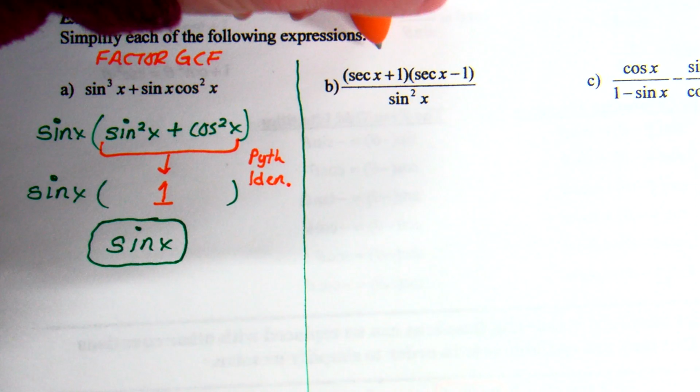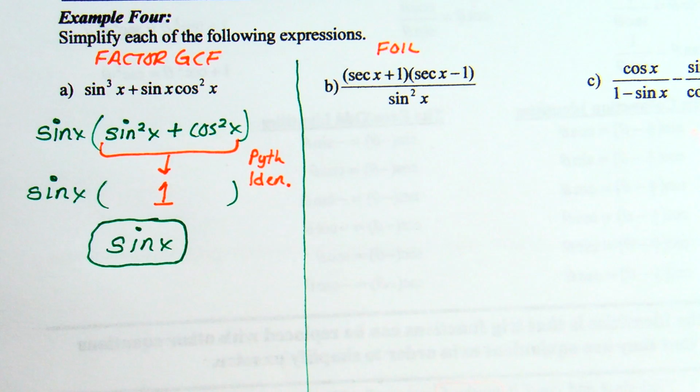Now, as you FOIL here, what do you notice about these two parentheses? Plus one and negative one. Yes, the vocabulary word is they're conjugates of each other, because they're the same thing but with opposite signs. What's going to happen when we multiply these?